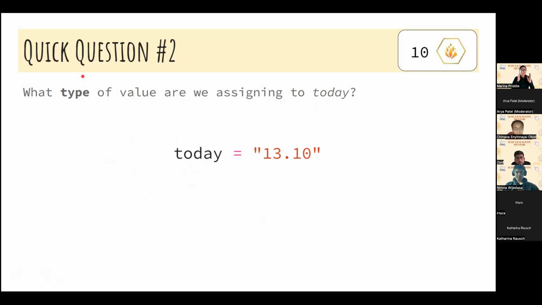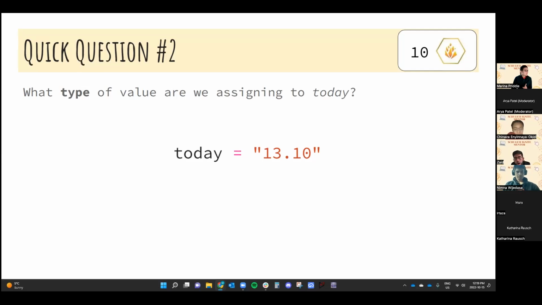Now we've got our second quick question. What type of value are we assigning to today? Pay attention. I see some good answers and some not so good. What does today have except the float?